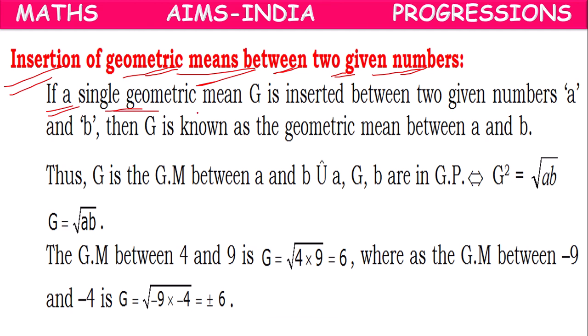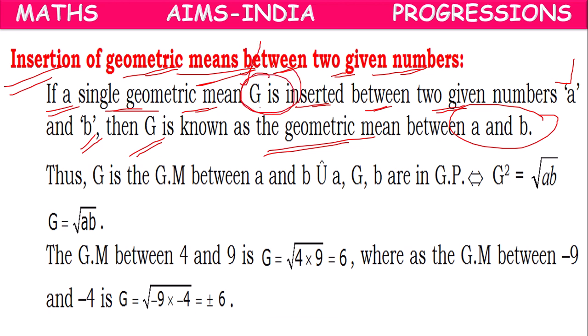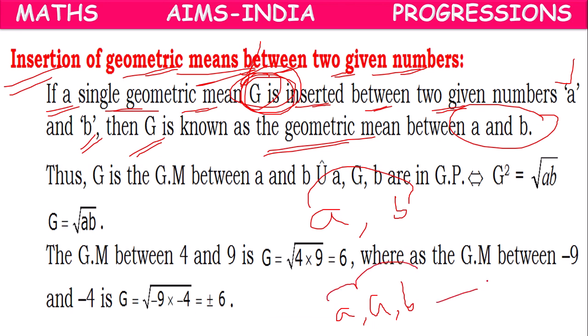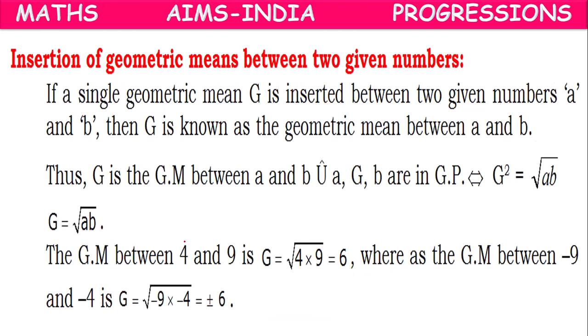If a single geometric mean G is inserted between two given numbers A and B, then G is known as the geometric mean of A and B. If we have two numbers A and B and we insert G in the middle of A and B such that A, G, B will be in GP, then G is called the geometric mean of A and B.